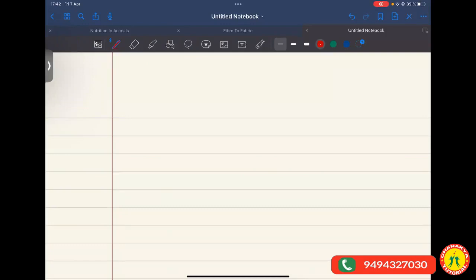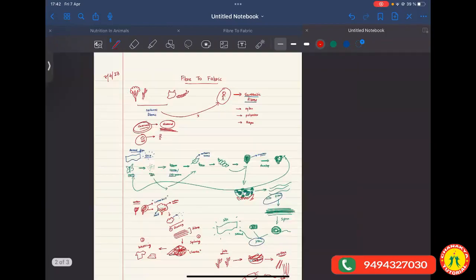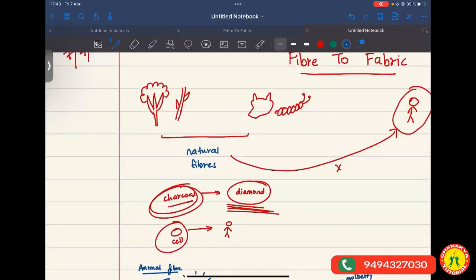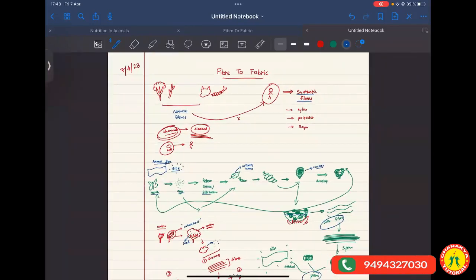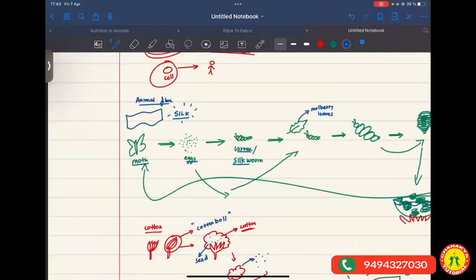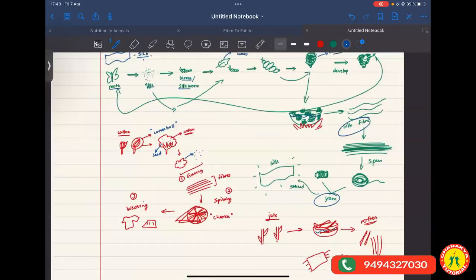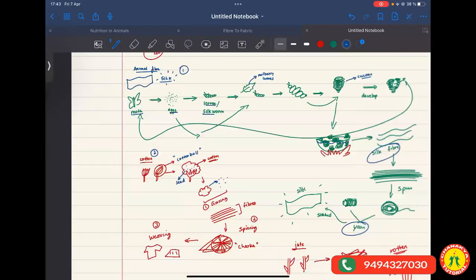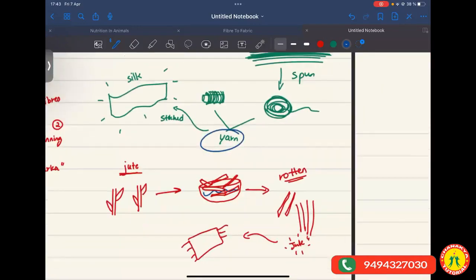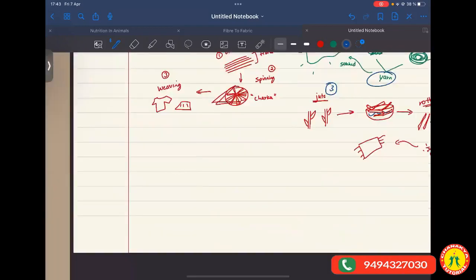Ma'am, woolen clothes. Now we're going to see how wool is extracted. So you just saw silk, cotton, jute. We're going to see about wool.